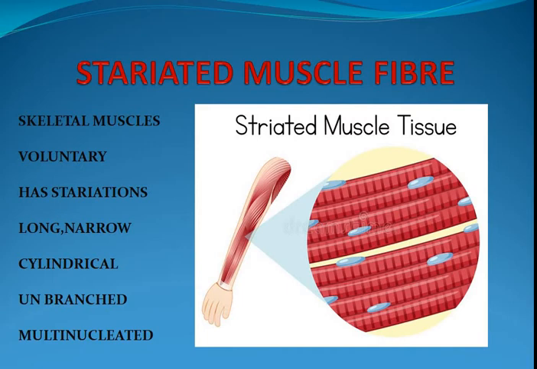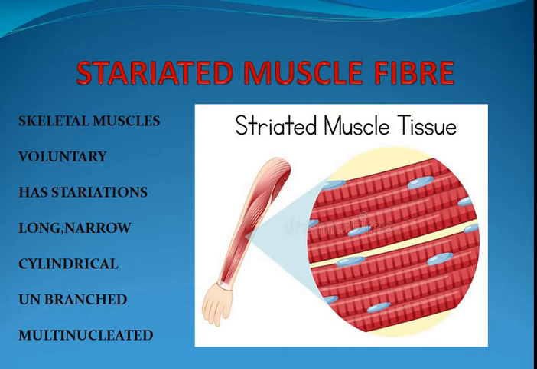So, the tendons help in the movements of the external body parts. The striated muscles are also sometimes known as skeletal muscles. These are under our control, under our will. So, when we want to stretch or contract, we can do it at will.